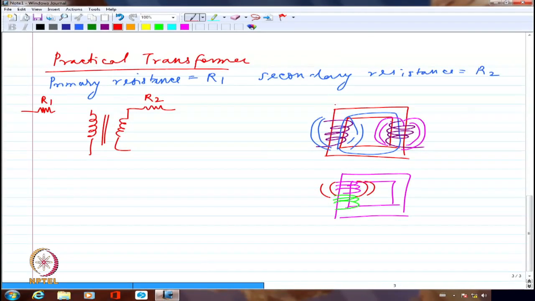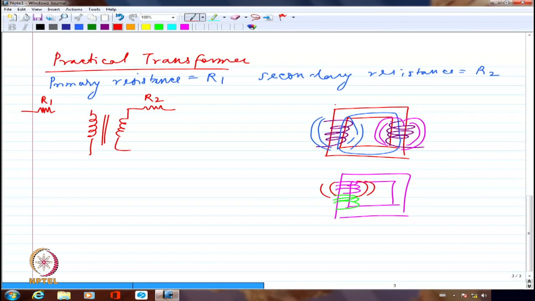Because it is through the air path, definitely it is going to cause some self-induced EMF. That self-induced EMF will account for some kind of inductive drop. So I would always represent the voltage that is lost, the self-induced EMF that is lost, in the form of a leakage parameter.